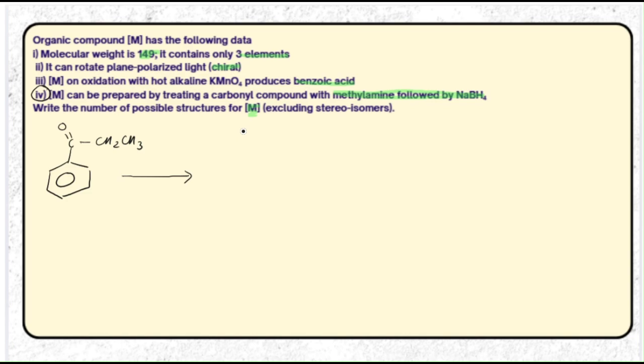Say let's assume I am taking ethyl here. Then it is treated with methylamine, also known as methanamine. What happens? First, it will undergo condensation. That means the water will be eliminated and you are going to get an imine like this. Now, with sodium borohydride, we know that we can reduce the carbon-nitrogen double bond.